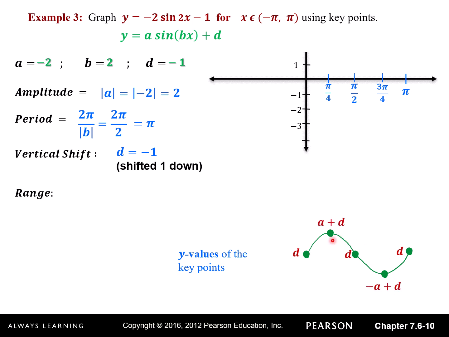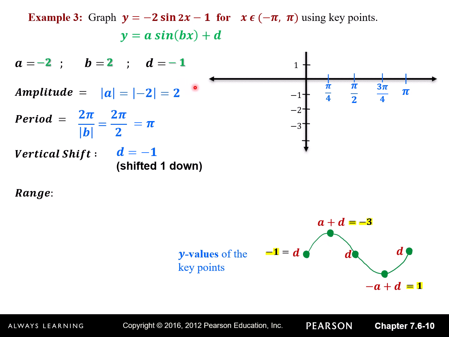And then getting the values, d is equal to -1, so we have -1, and a plus d, we're just adding a with the d, which is equal to -3. And then the negative a plus d, the negative of this will be +2 added to -1, it will be equal to +1.